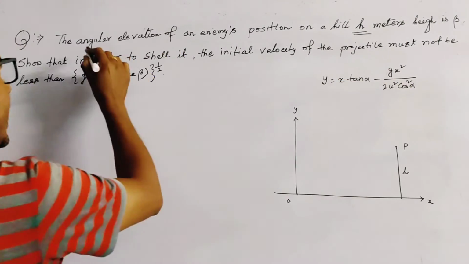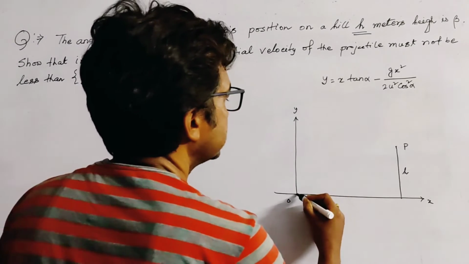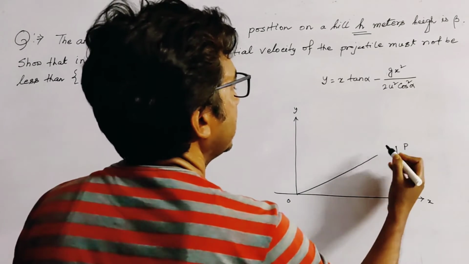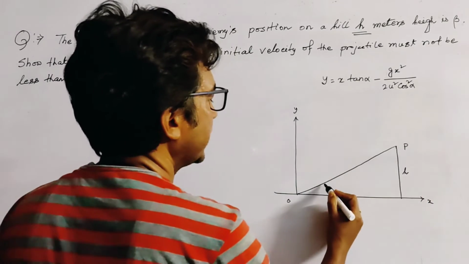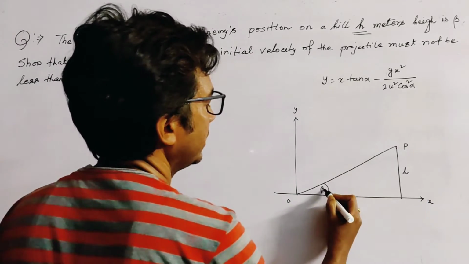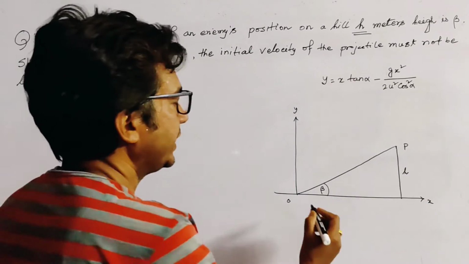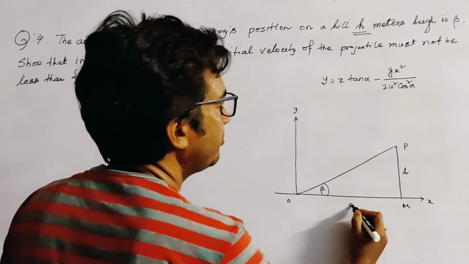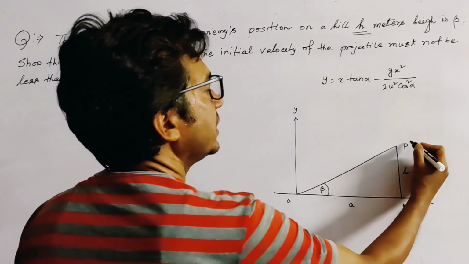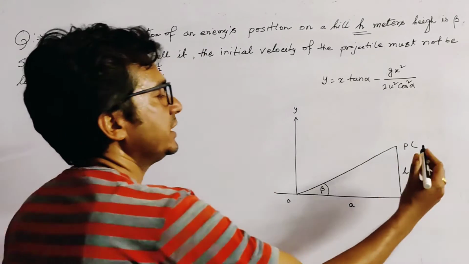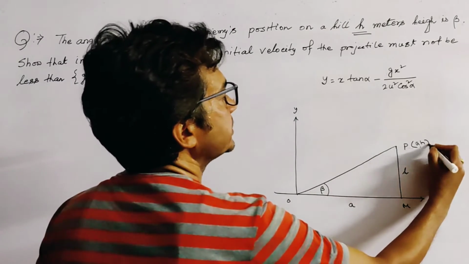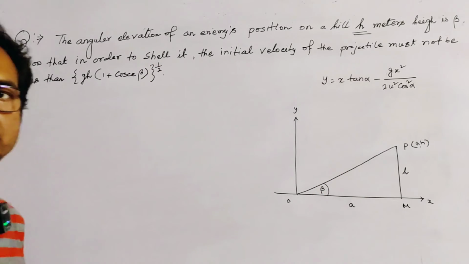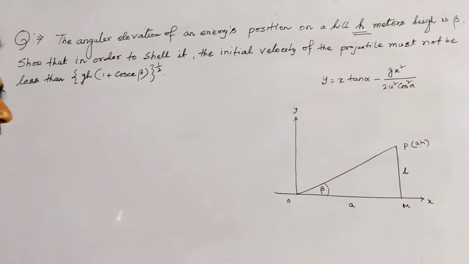The angular elevation means this angle is beta. If we take this point as M and OM as a, then the point P is given by (a, h). This is the coordinate of P, the enemy's position.